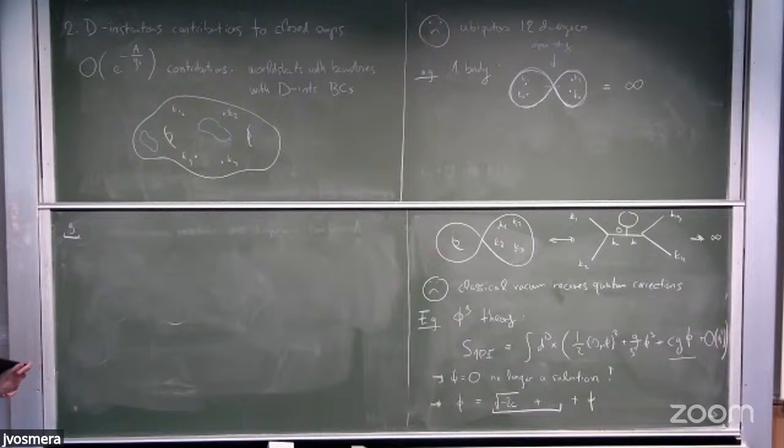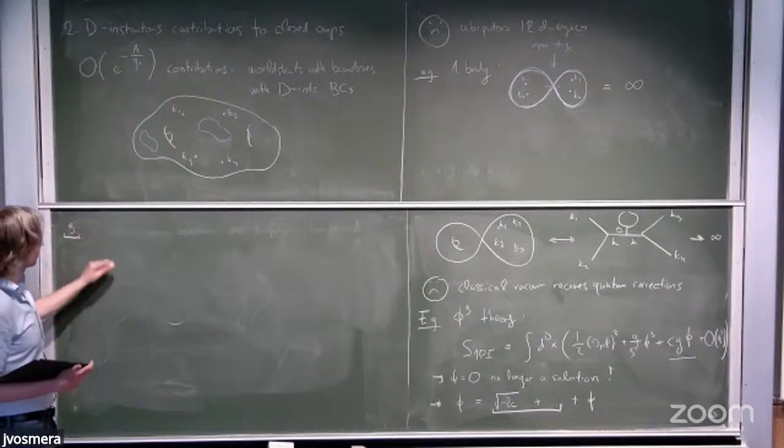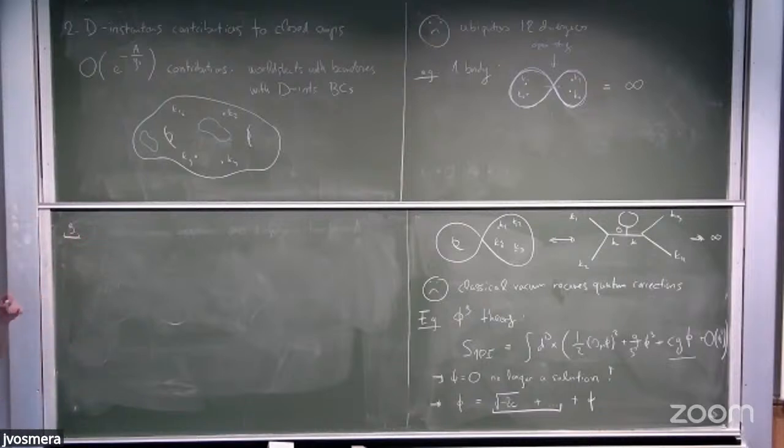Because if I say that I can obtain any other background by expanding the original background in a small fluctuation around the classical solution, that is saying that the background is described by an action. So if there is a background which cannot be described by an action, I will probably not be able to find it in this way.